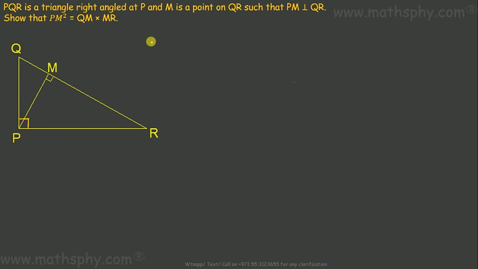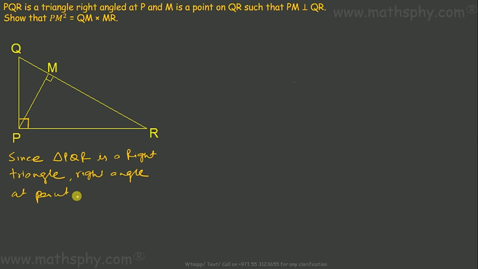So I'll write here, since triangle PQR is a right triangle, right angle at point P, and PM is perpendicular to QR. In that case, this triangle here and this triangle here would be similar, and both of them would be similar to the big triangle.